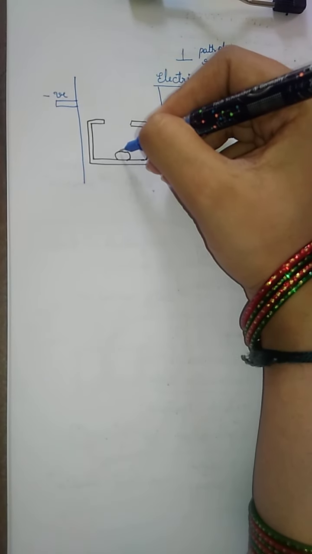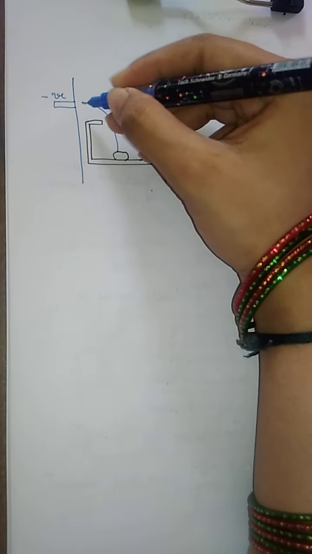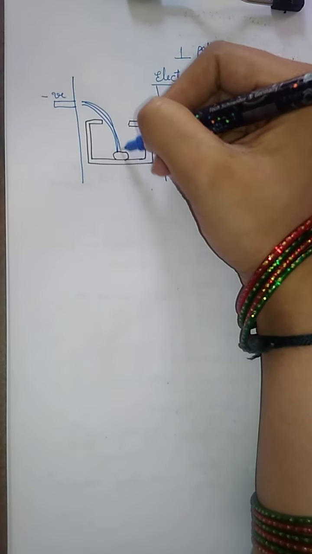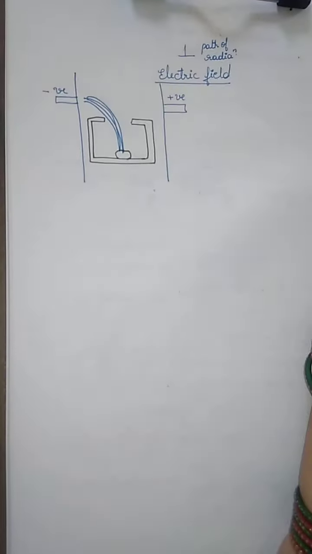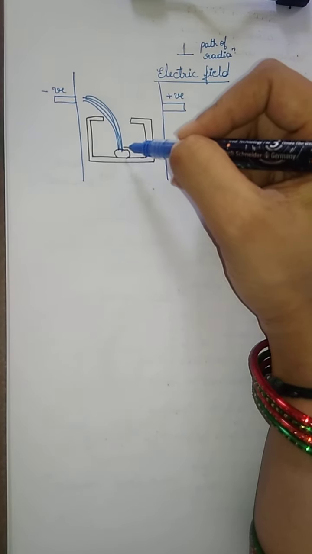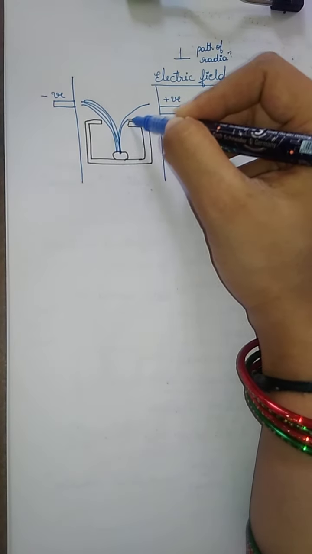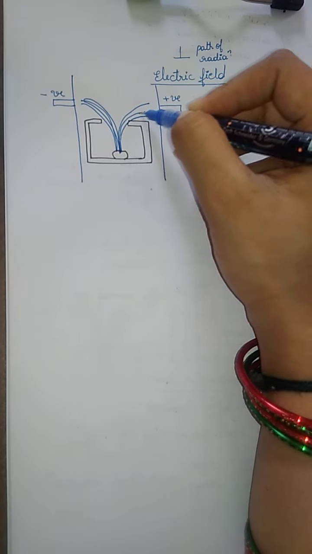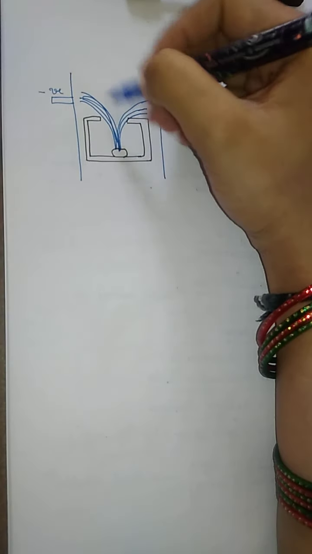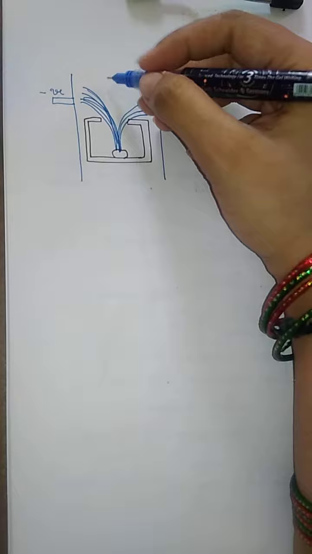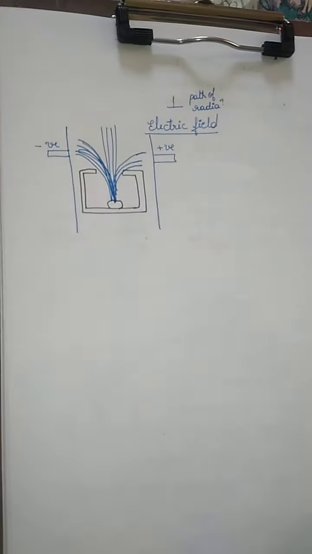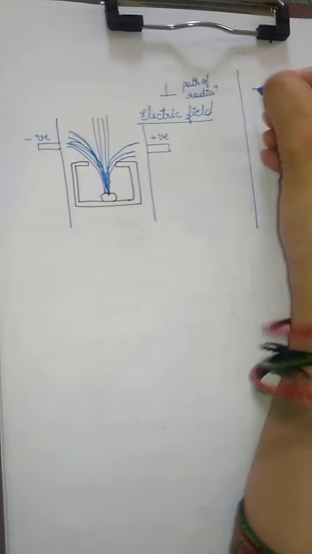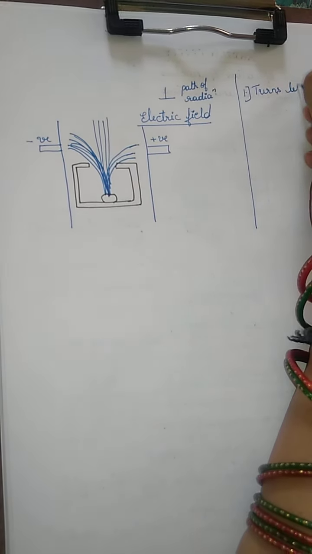Again here he could see the same changes. Some radiations got deviated to the negative charge, some got deviated to the positive charge, and some went straight. Correct? The first one turns to the left.